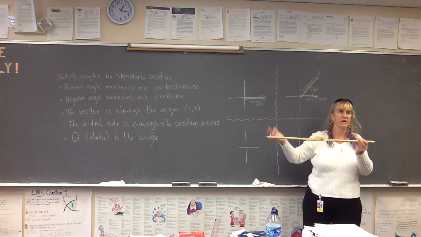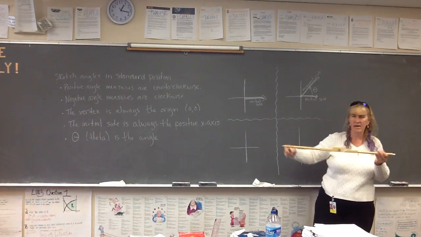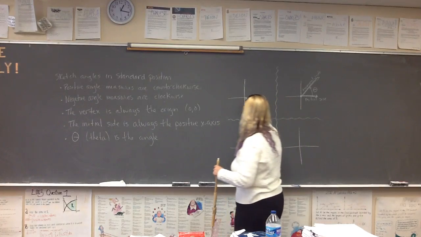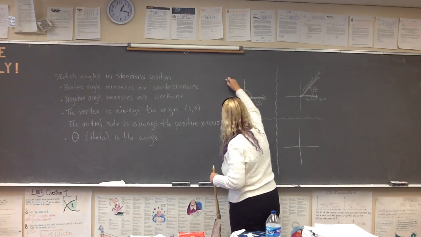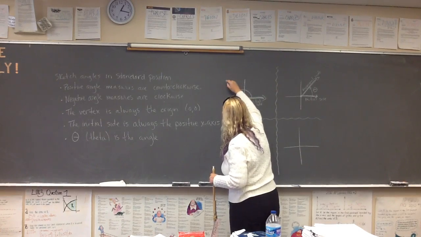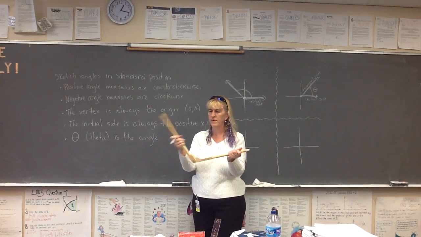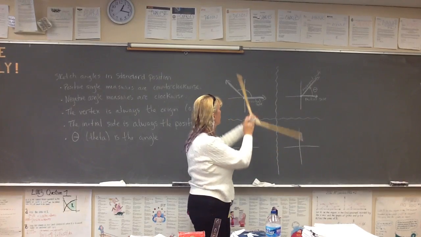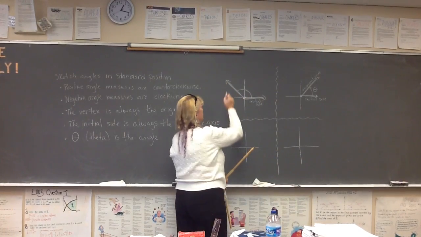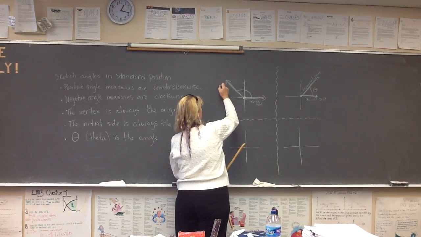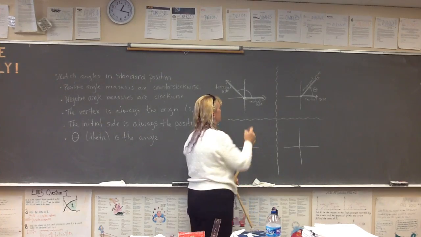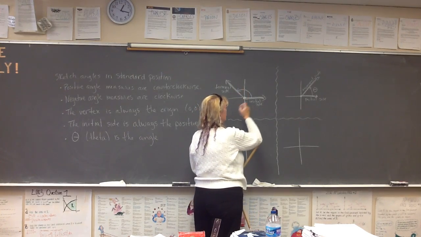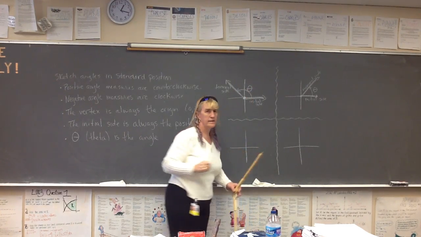I'll be on the x or y axis, in this case the x-axis. So I'm going to open up this angle that has a vertex at 0, 0. I'm going to open it up until it gets all the way over here. And then this will be the other piece of my beautiful angle, like that. All right? And this will be my terminal side, won't it? And I like to draw a little arrow there and mark theta.